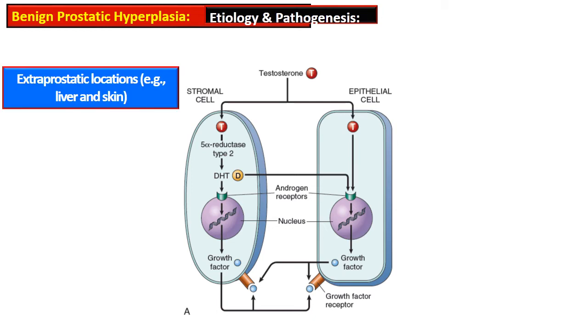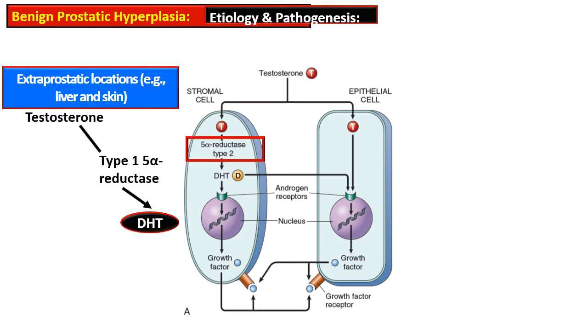While type 1 of this 5-alpha reductase comes from extra-prostatic locations such as liver and skin, whereby the action of type 1 of the 5-alpha reductase, testosterone is converted to dihydrotestosterone, and this dihydrotestosterone then reaches the prostate tissue through the blood.